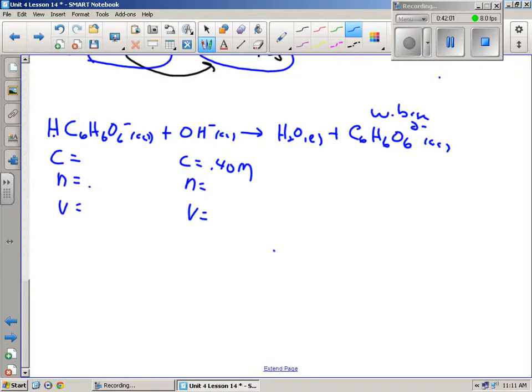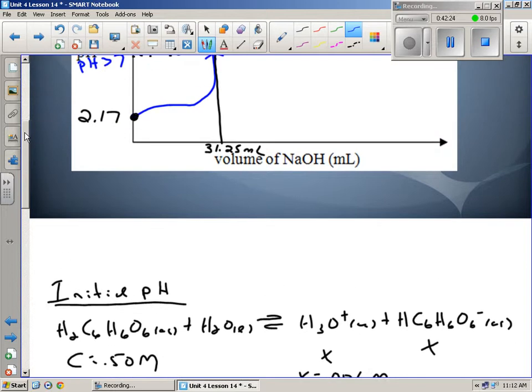So I'm starting with 0.0125 moles here, am I not? Correct? But wait a minute though. How much volume do I have in the bottom there now? I don't have what I started with, right? Because I've added a bunch of stuff. At that equivalence point, we just found it takes 31.25 milliliters of sodium hydroxide, basically 31.25 milliliters of water, really.